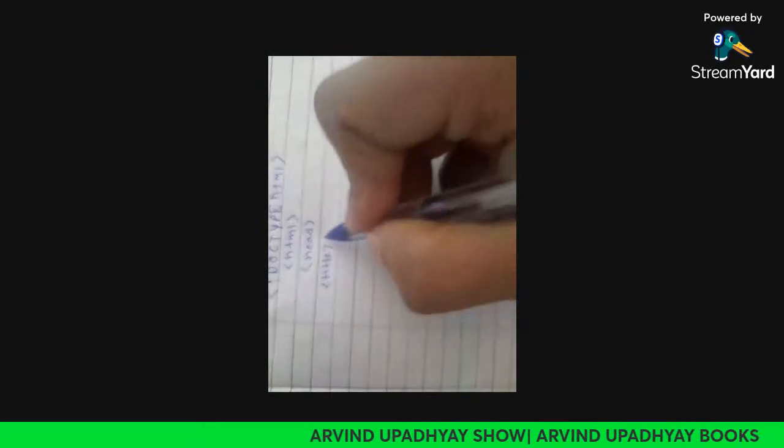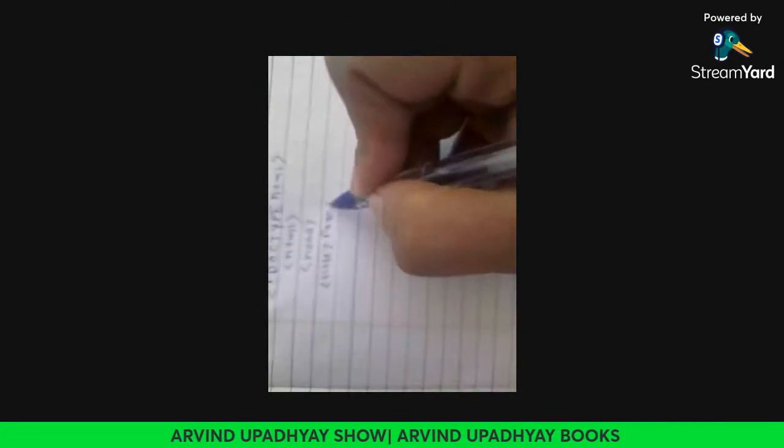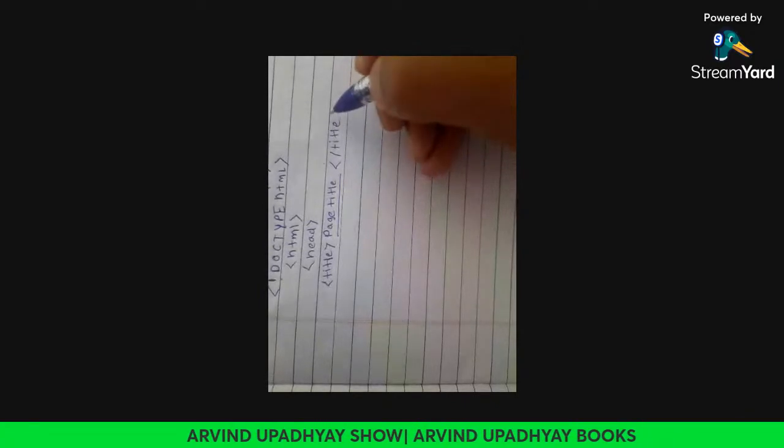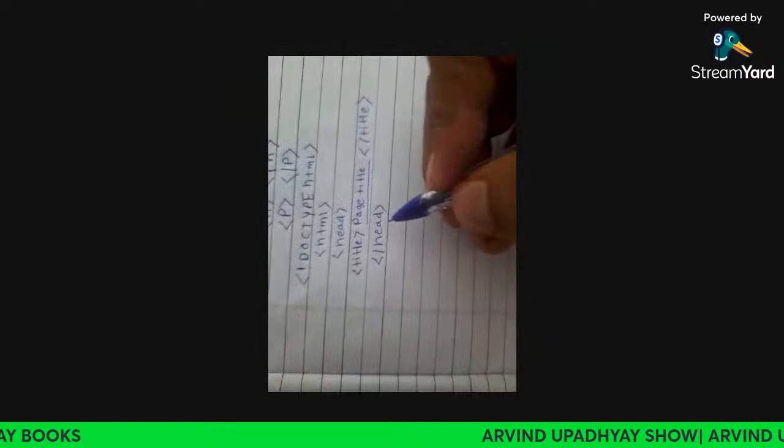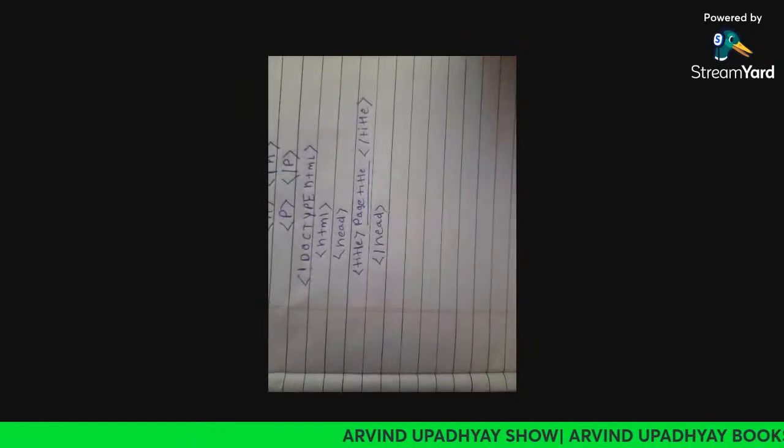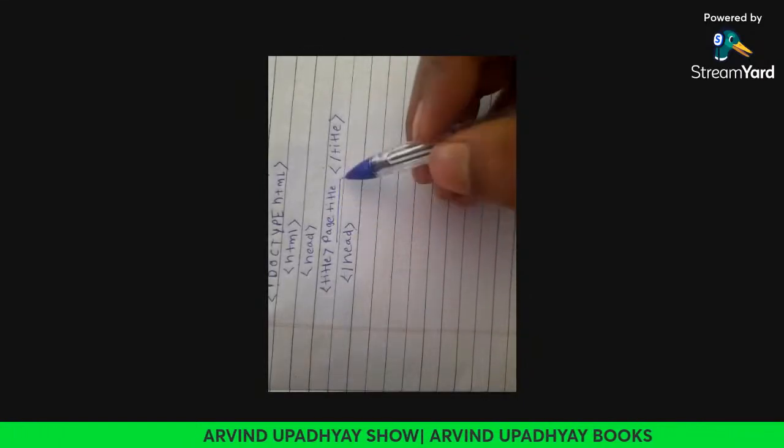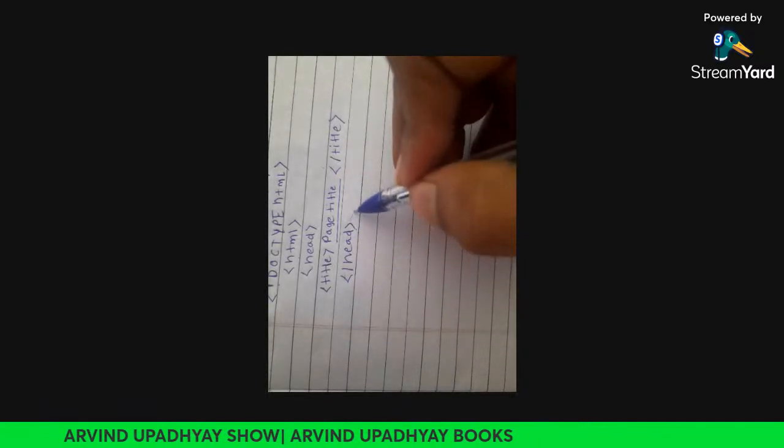This is the page title. You can write anything here, even your name, in place of the page title. After that, close the title, and then close the head. This will display the page title.